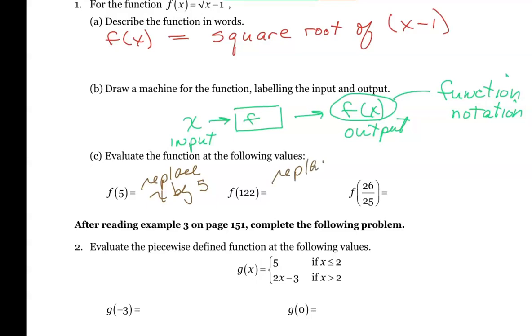So you're basically going to replace the x by 122 and then solve for the function value. 26 over 25, you're going to replace the x by the 26 over 25 and get me a value for the function. Okay, so that's what we mean by evaluate. Just get this and get that. And I'm going to highlight that word evaluate. So when you're asked in the future to evaluate, that's what you're going to do. We're not going to ask you to do that on this quiz.